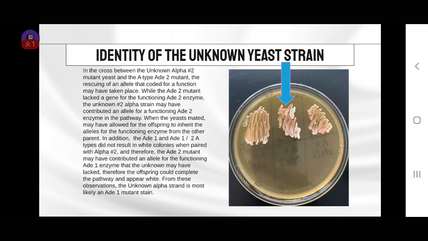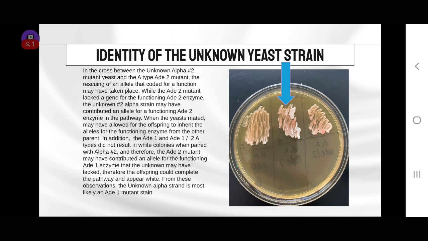Because it isn't a double mutant, we can safely assume that the ADE2 mutant is only recessive for that specific enzyme which it is named after. So therefore, it must have been rescued by the genetic material of the other parent in the cross, the unknown alpha strain of yeast.